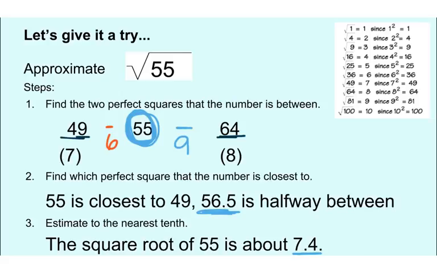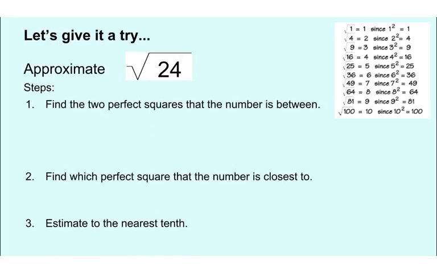Okay, the only thing I want to know is to the nearest tenth. So I estimate it at 7.4 because it's just a little smaller than 56.5, which is half, and I know it's somewhere between 7 and 8. Probably confusing. You're going to get a lot more practice, but let's try one more together.